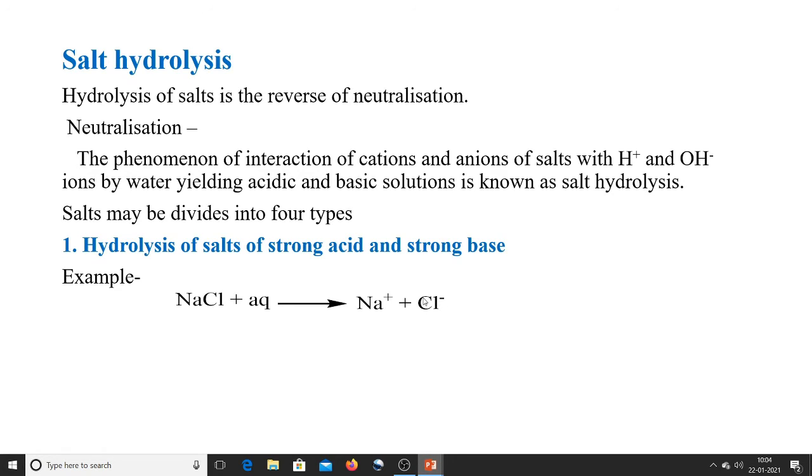You know that the NaOH and HCl are completely dissociated, which result there is no change in the concentration of H plus and OH minus ions, and hence the solution continues to remain neutral. So there is no hydrolysis reaction of strong acid and strong base.